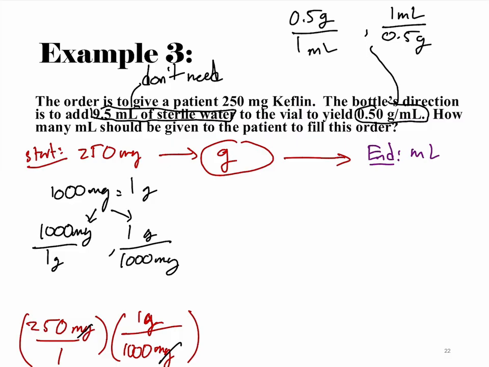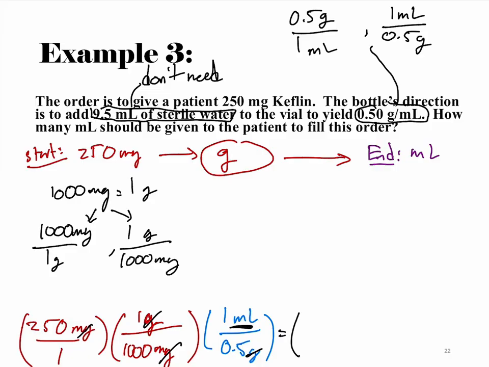Yep, it should be on the right because we want units of grams to cancel out. We want to be left with milliliters, right? 1 milliliter and 0.5 grams. So grams cancel out. And we're left with just units of milliliters, which is what we want.